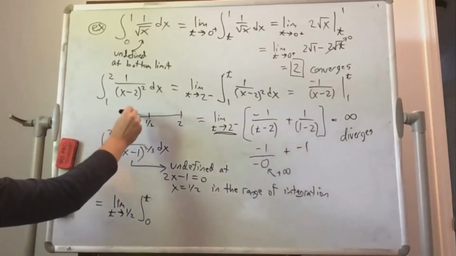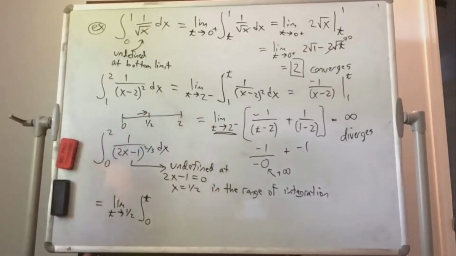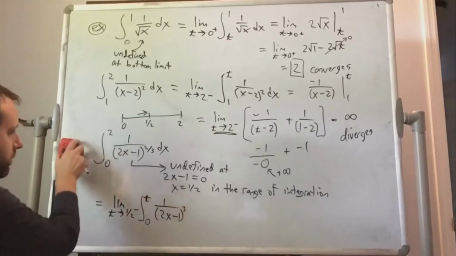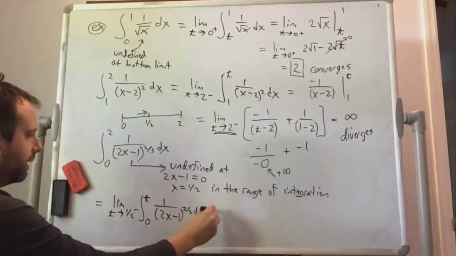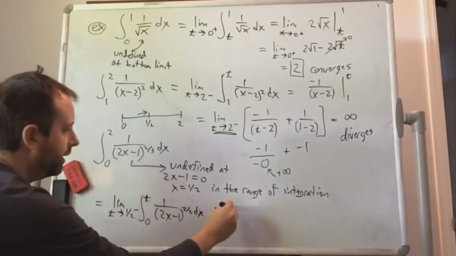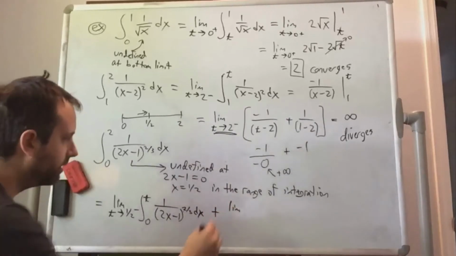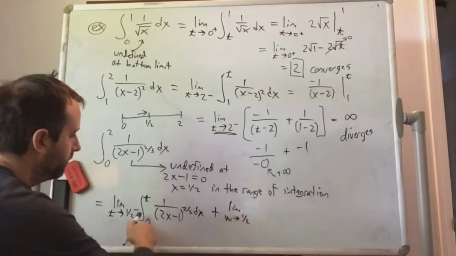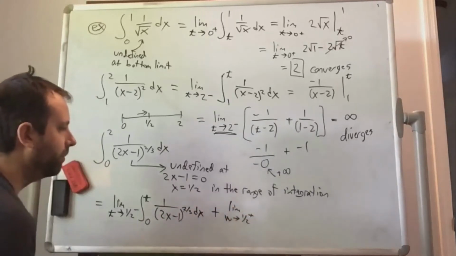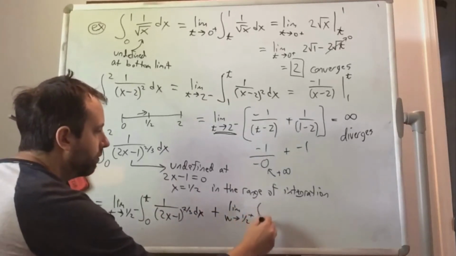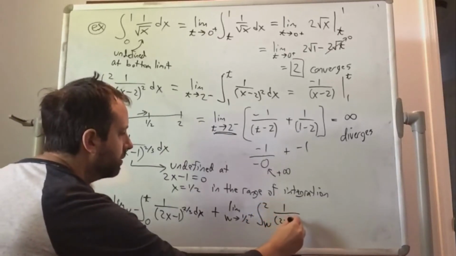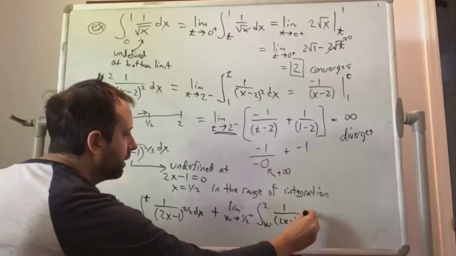So from 0 approaching a half, that's from the left. And I'm integrating (2x minus 1) to the 2/3 dx, plus the second one is the limit. And again, I need a new variable, so I guess I'll call that w. w approaches 1/2. It's a pretty safe bet to say it's from the opposite side, from the right. Integral from w to 2 of 1 over (2x minus 1) to the 2/3 dx.